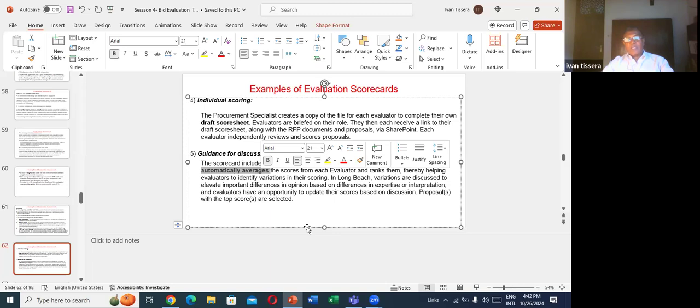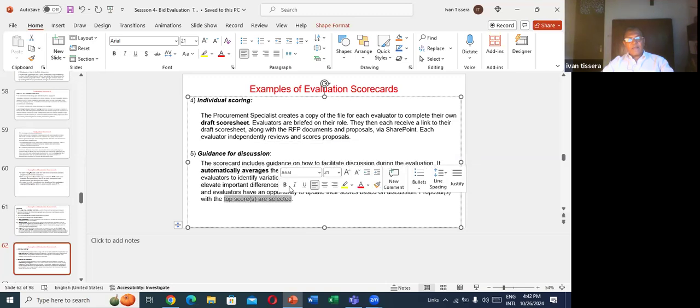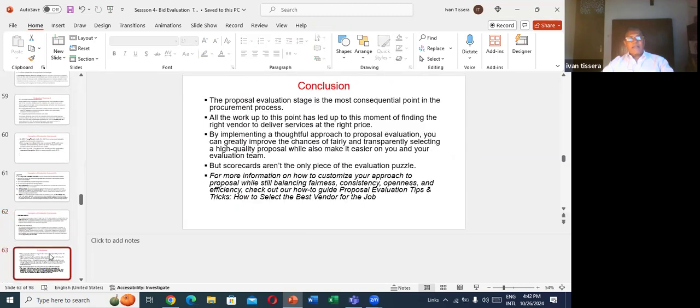In Long Beach, variations are discussed to evaluate important differences in opinion based on differences in expertise or interpretation. Evaluators have an opportunity to update their scores based on discussion, and the top scores are selected. That is the method.